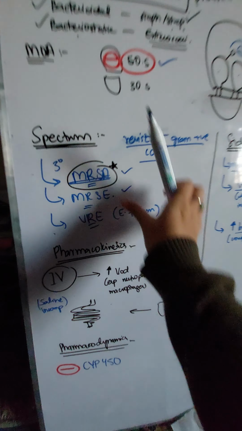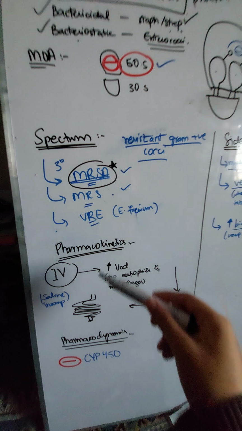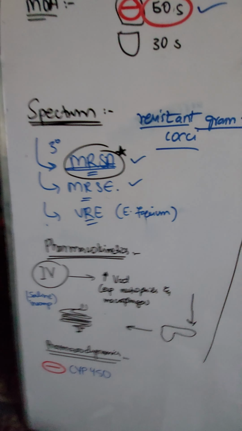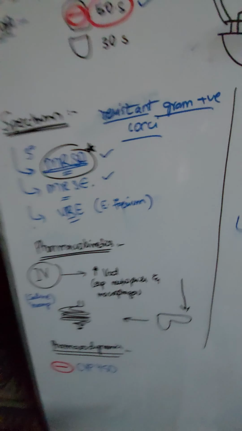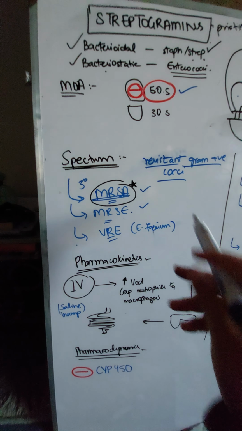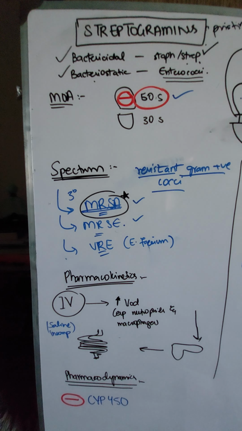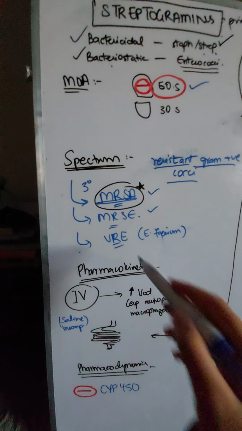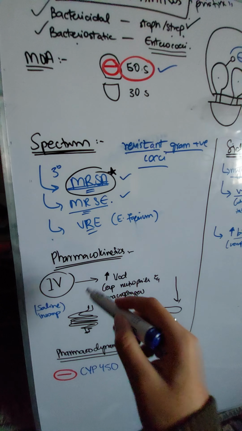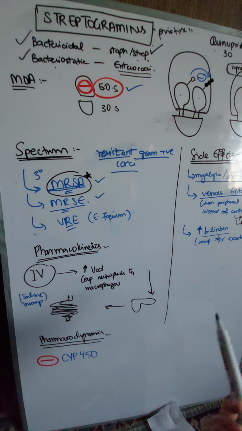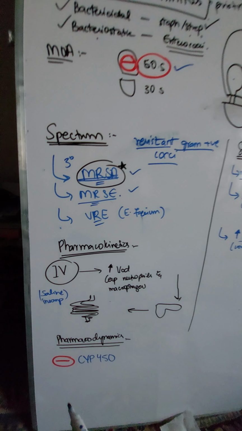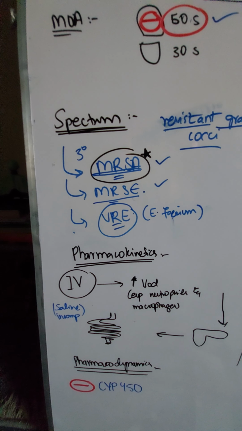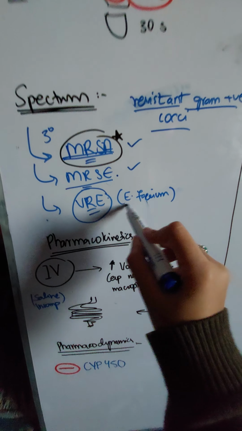Baki, it's also used for streptococci. Enterococci के लिए भी use हो सकता है, and it's also used for streptococcal infections. ठीक है? Streptococcal में it's used for pneumonias and stuff. It's used for methicillin resistance, staph epidermidis, and it is also used for vancomycin resistant enterococci, specifically Enterococcus faecium.